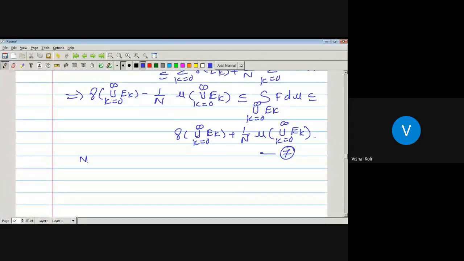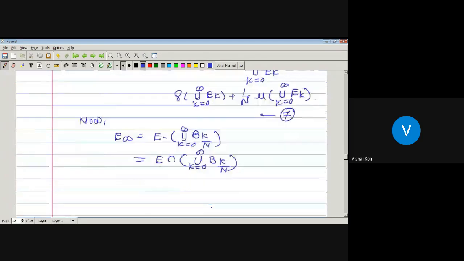Now our E infinity will be E minus the union over k running from 0 to infinity of b k by n. So actually it is nothing but E intersection with the complement of the union over k running from 0 to infinity of b k by n.